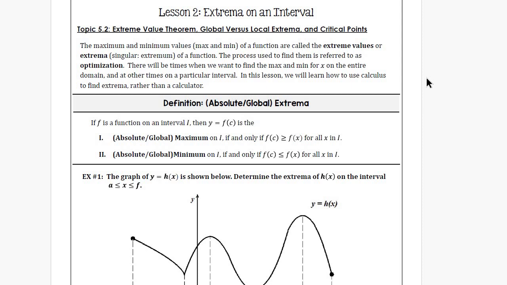Basically, we are looking at either the highest or the lowest value over an entire function. That is what the definition is saying: it is the global max or min if and only if all of the other y values are either bigger or smaller than that y value.